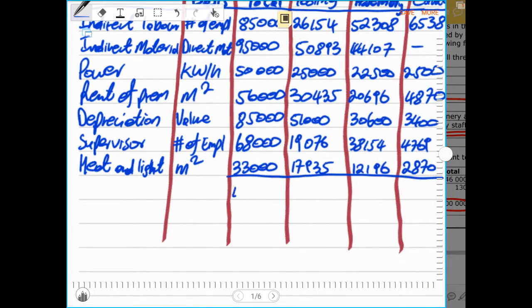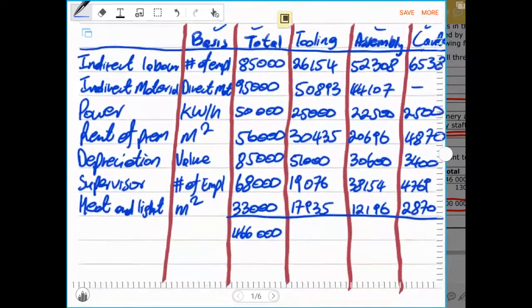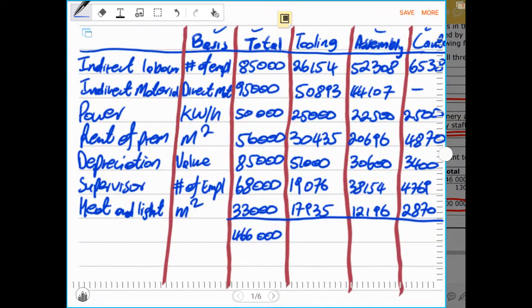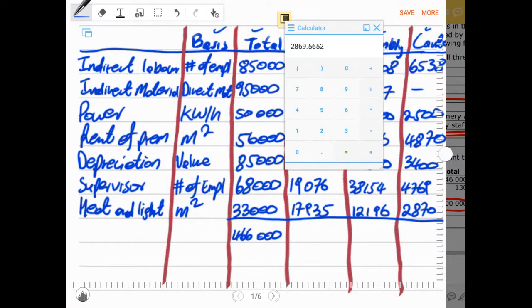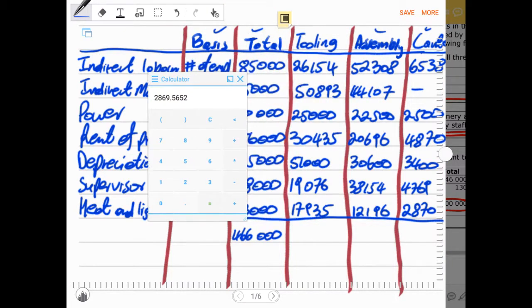So for this total it will be 466,000 without any doubts. Then now we have to calculate all the overheads going down. Let me just do that so that I check if I did not make any mistake.